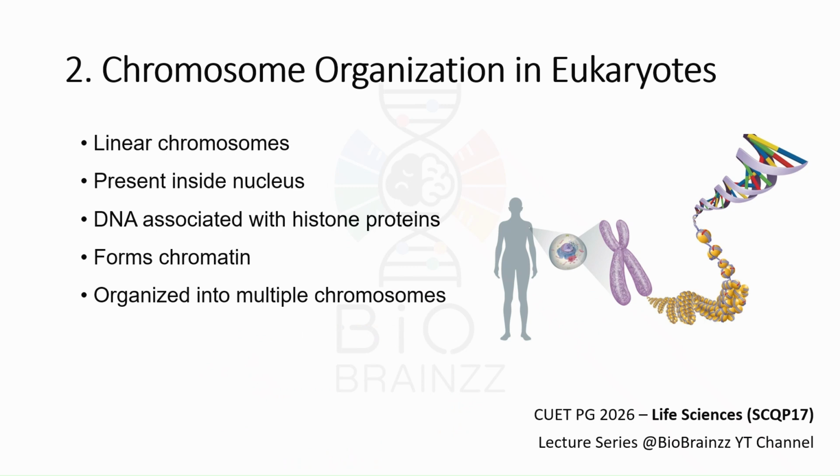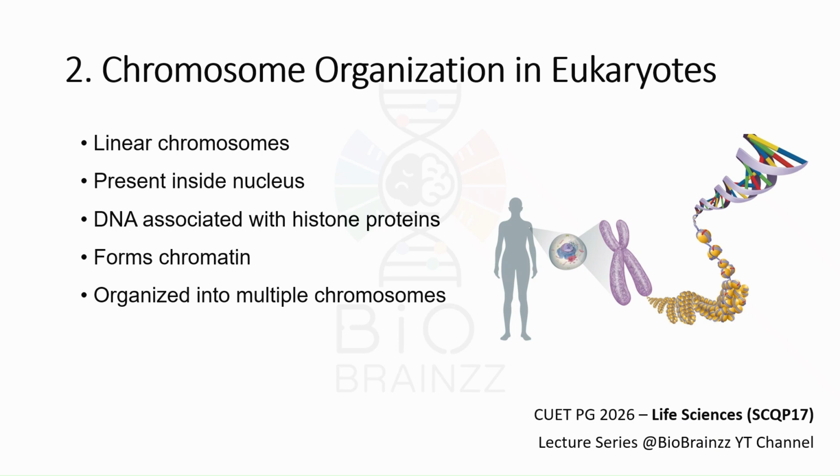Now, let us move to the second major topic, chromosome organization in eukaryotes. In eukaryotic cells, such as plant and animal cells, chromosomes are linear in shape, unlike the circular chromosomes of prokaryotes. These chromosomes are located inside a membrane-bound nucleus, which separates genetic material from the cytoplasm.